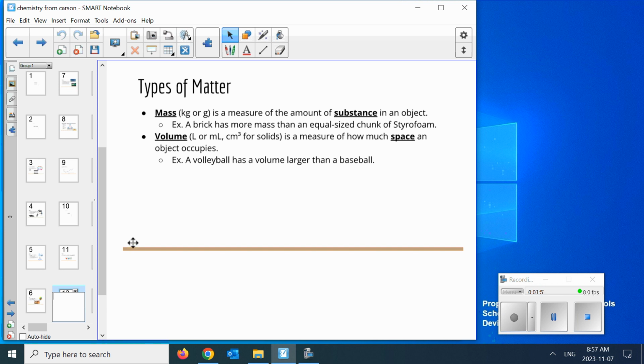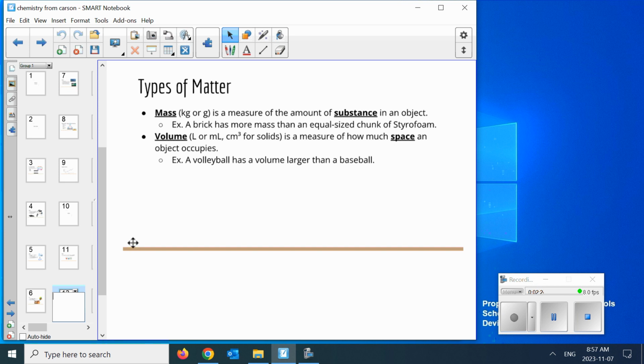Whereas volume, on the other hand, is measured in liters, milliliters. You're familiar with those, especially with pop cans and stuff. 355 milliliters, 2 liters of pop, 4 liters of milk. Or centimeters cubed. A centimeter cubed is actually the same size as a milliliter for solids.